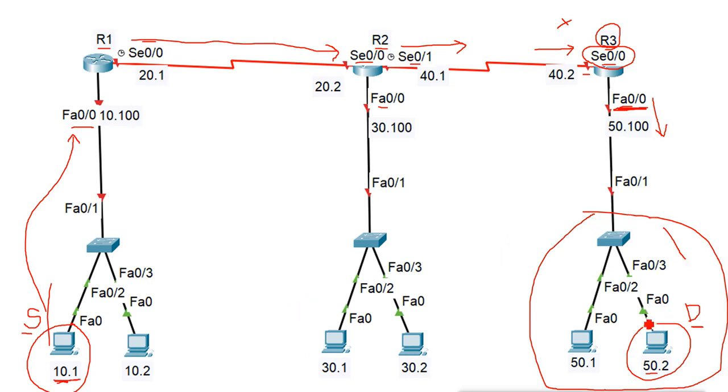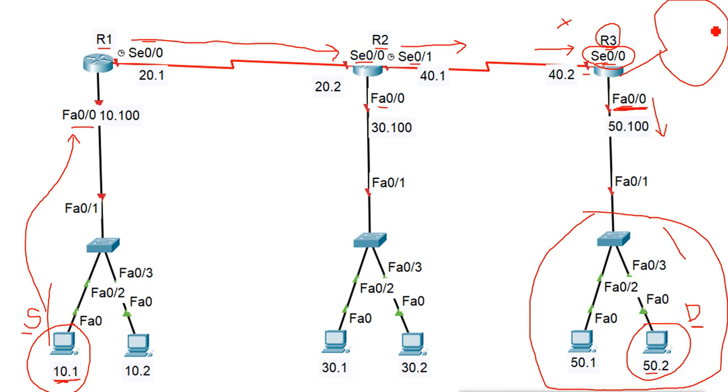And if suppose we have some other interface connected here and some other networks, those will also be blocked. That means from this side everything will be blocked for this 10.1, because we have applied it on this interface here. This network and also the other networks on this side will be blocked.